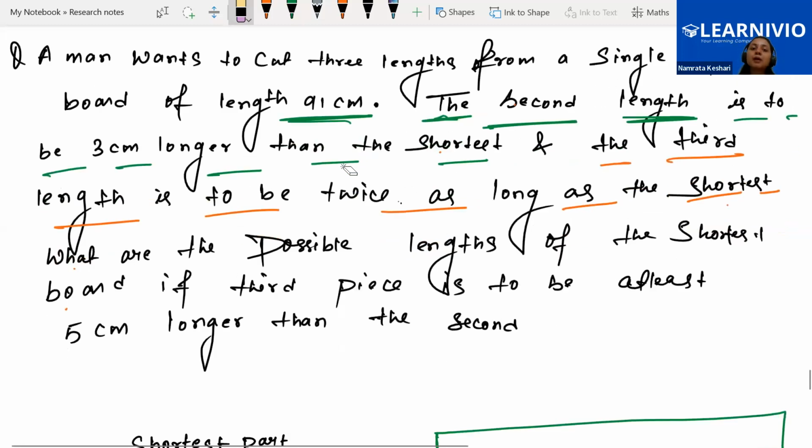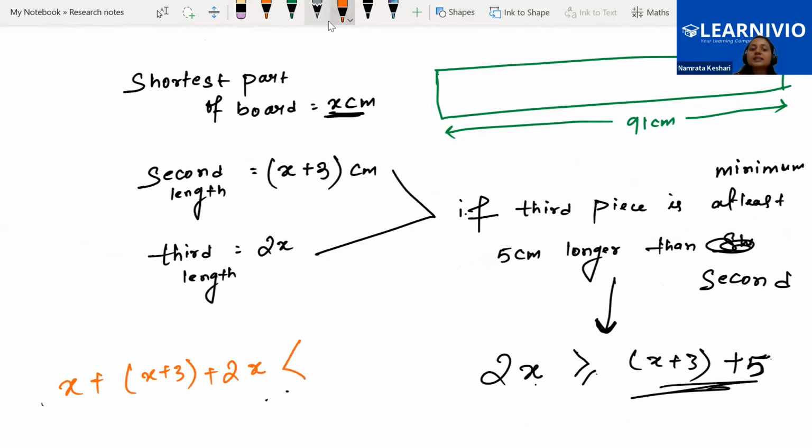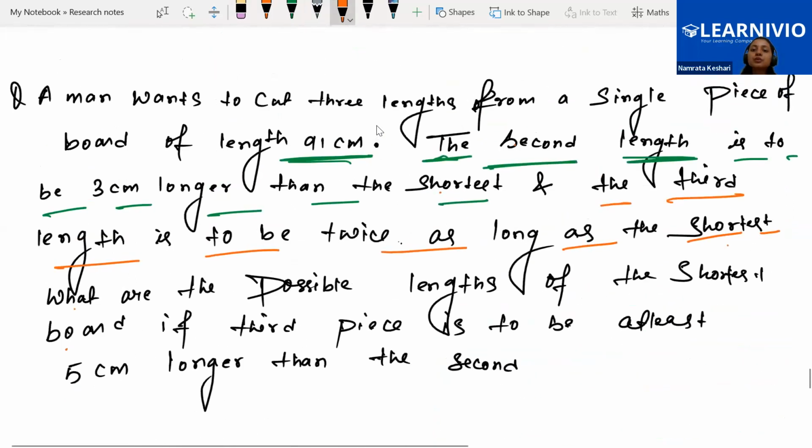We will come to that part, that all of them added together, x plus x plus 3 plus 2x, is either less than or equals to 91. Why? Because it is not written in the question that we have used the board completely.